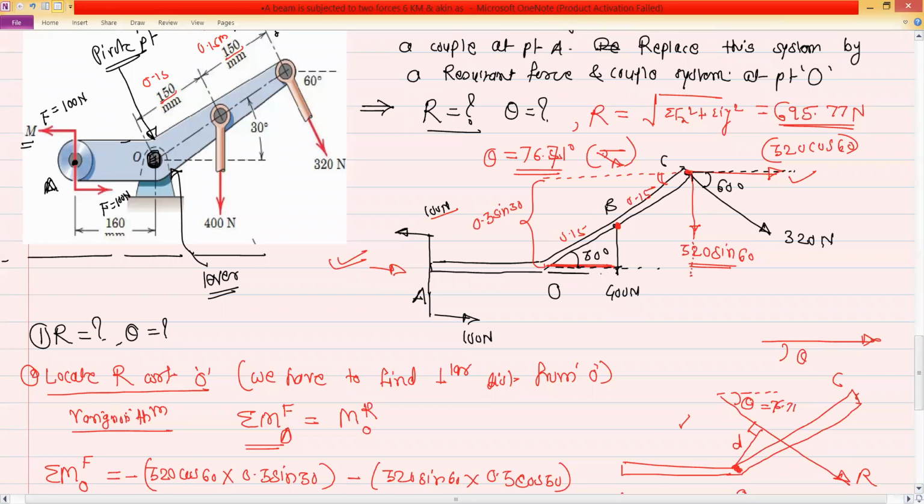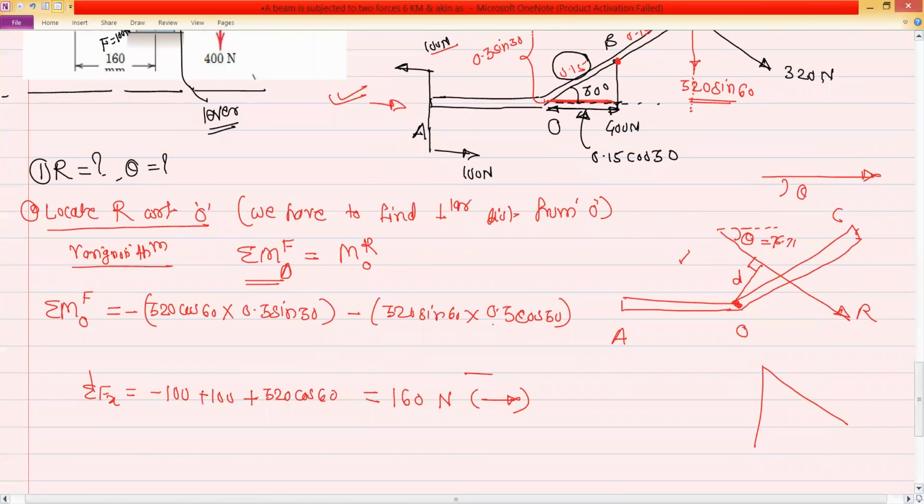So we have to find out this distance. 0.15 is the diagonal, 30 is the adjacent angle, so we can find out this side as 0.15 cos 30. So we can write here minus, because moment is again clockwise, 400 into 0.15 cos 30. This is the third moment.